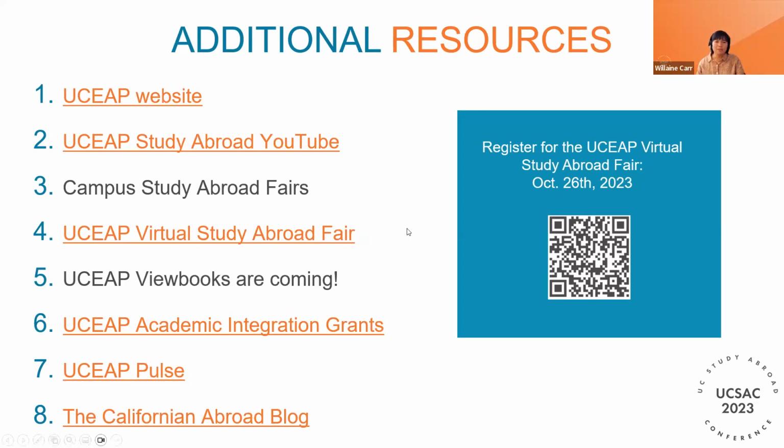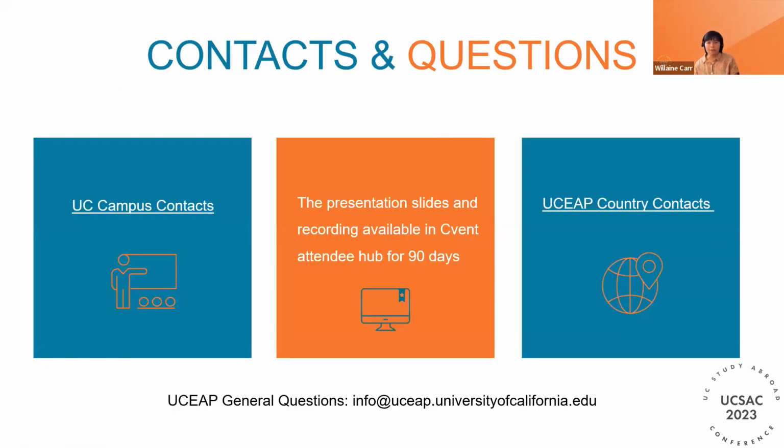As we tell our students that they are not alone on their journey, academic advisors also have the support of the Campus Study Abroad offices and UCEAP. Reach out to your Campus Study Abroad office colleagues. They are an invaluable source of information for navigating the planning process for your specific UC campus, college, and department.